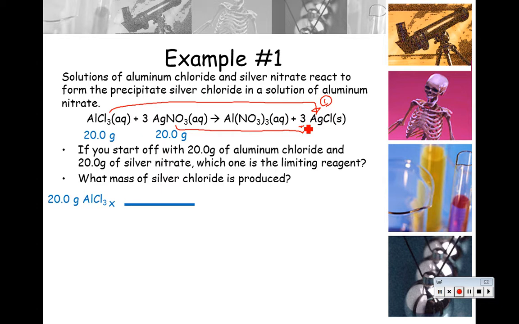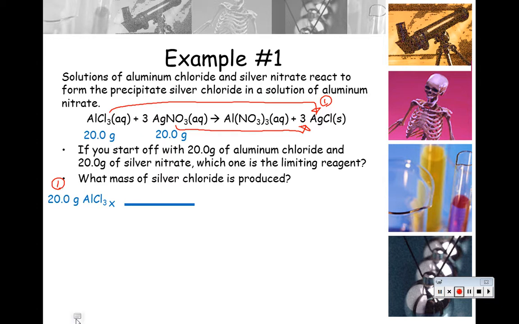So in this particular case, I'm going to do my first prediction first. That's why I'm starting out with aluminum chloride, right? It's in grams, so what's my next step? I have to convert to moles, right? So I'm starting with grams, and I'm going to convert it to moles.